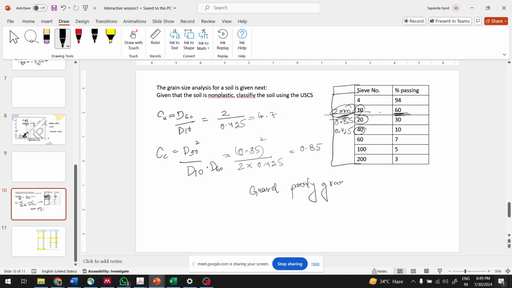This is okay, but this is too low. So this is basically a GP soil. Is that fine? And because below 75 micron, only 3% was there, we do not need to calculate the classification for the fine fraction.